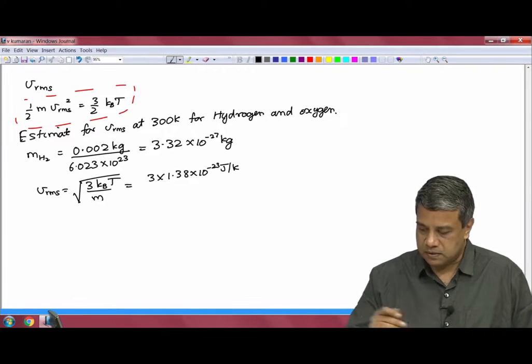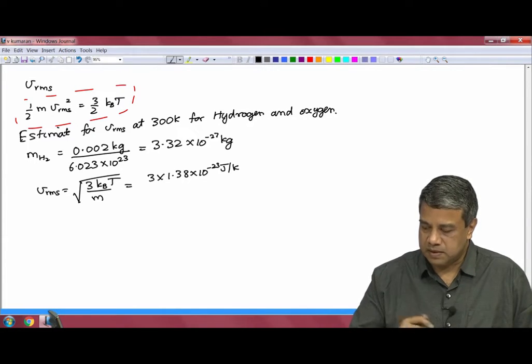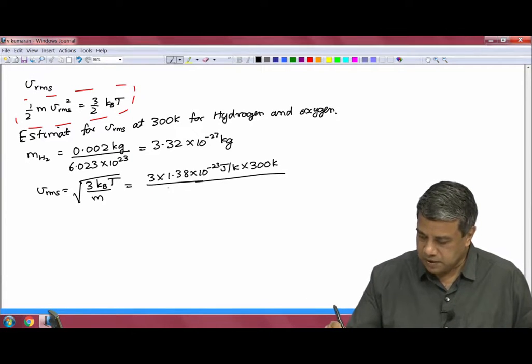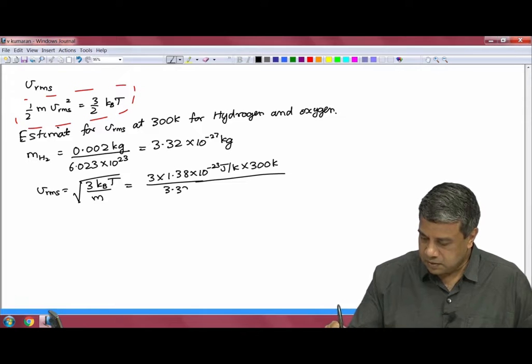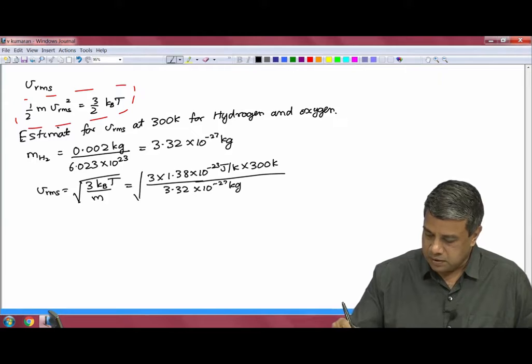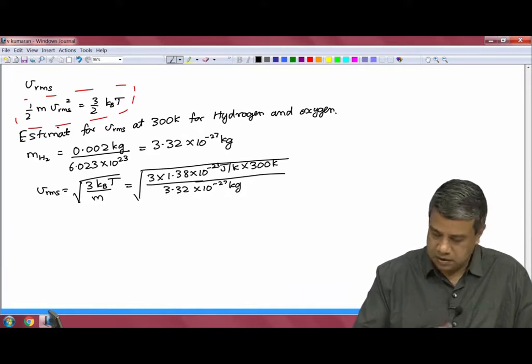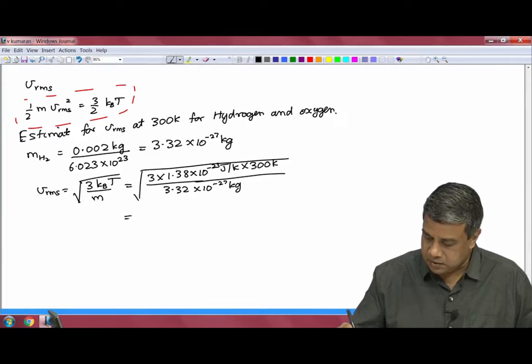So it is 3 into 1.38 into 10 power minus 23 joules per Kelvin into 300 Kelvin, divided by 3.32 into 10 power minus 27 kg, the square root of the whole thing. You can easily do this calculation and you will get about 1934 meters per second.